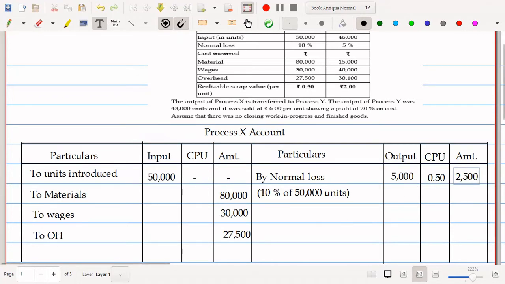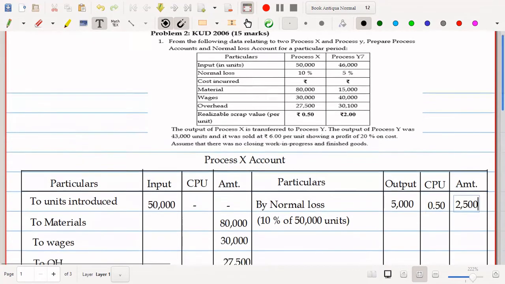And it's given here that the actual output transferred to process Y is 46,000.